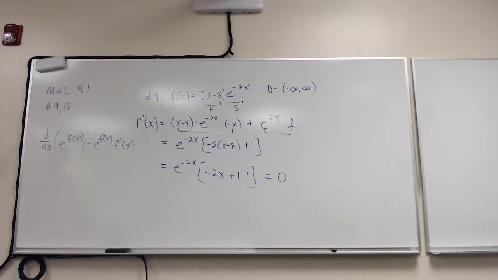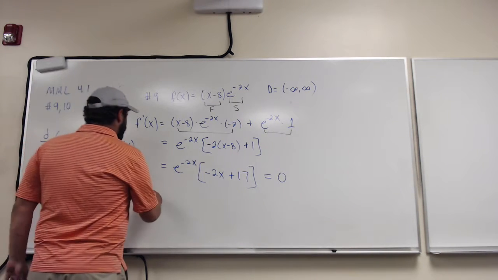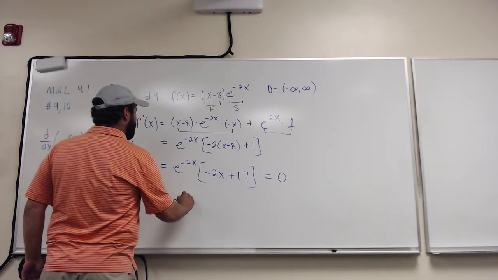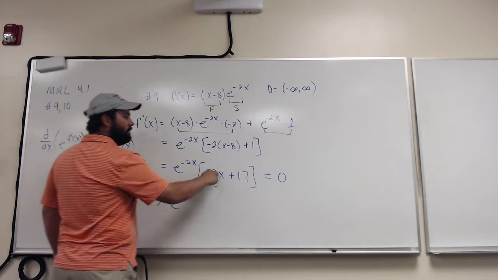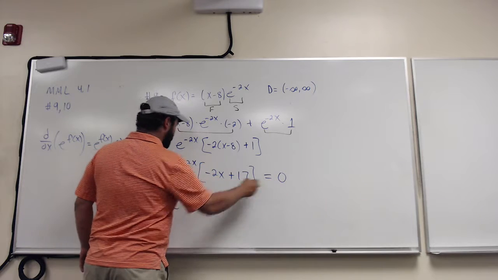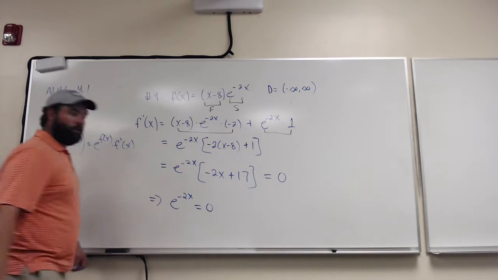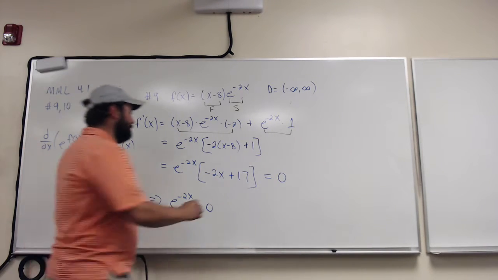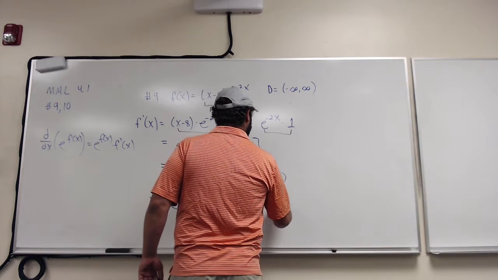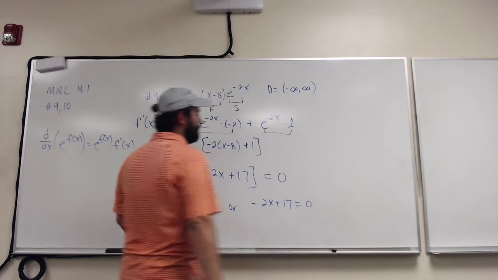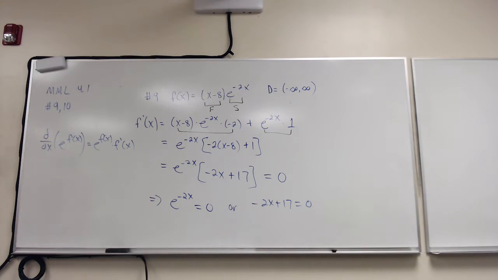Okay, so what this implies is that whenever you have a product of two things equaling 0, either the first term is 0 or the second term is equal to 0.